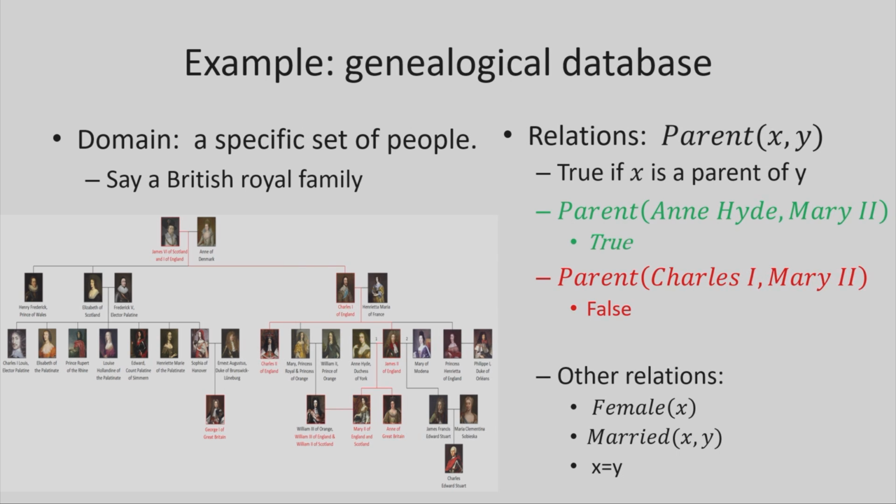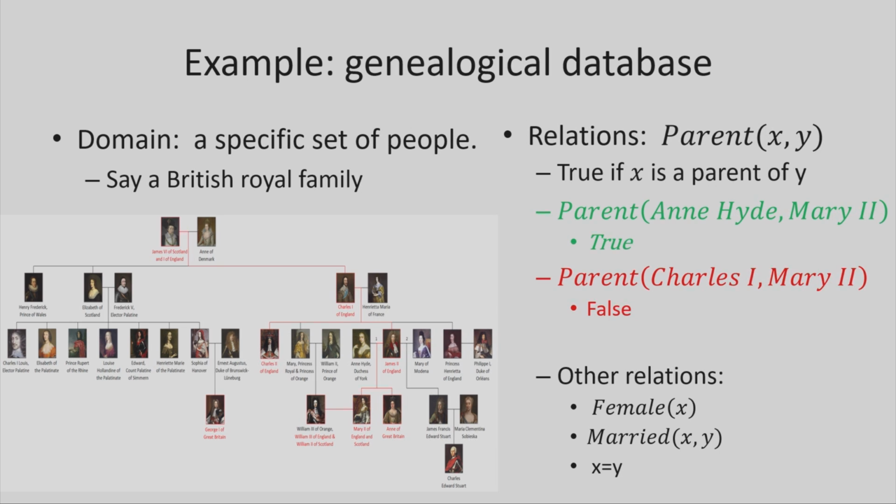So for example, in this picture, you could see that there is a lot of parent relations and some other relations that are not parents. So for example, if somebody is a grandparent, then they're not a parent. And also, we are not going to use them as much, but we could have a relation that female or not female, married, two names for the same person or not, and so on and so forth.